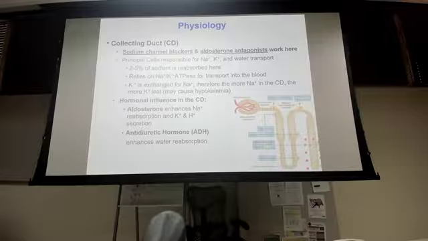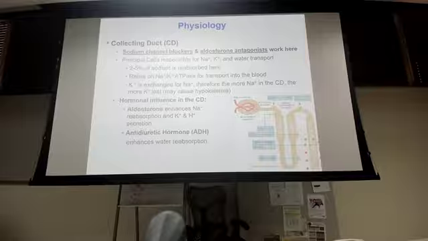Now we know why it's so important to know the definitions, to know where it's actually going. Because if you're thinking that the sodium is being reabsorbed into the tubule, that's the exact opposite of what's happening physiologically in the collecting duct.